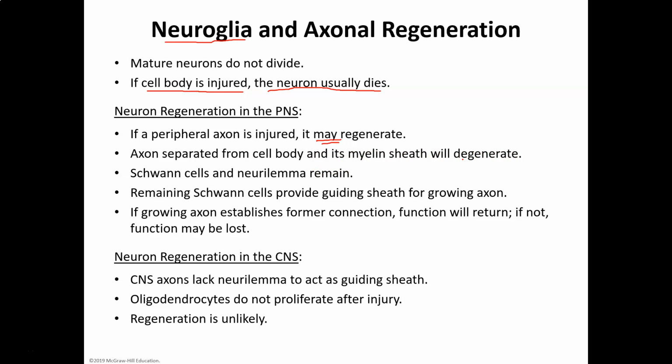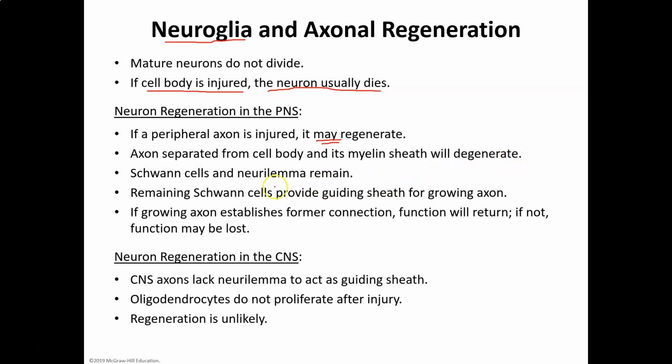If you crush an axon but don't separate it from the cell body, you've got a pretty good chance of that axon regenerating. If it's literally sliced through, there is much less of a chance. It's possible, but much less likely. So if the axon is separated from the cell body, the myelin sheath degenerates, and it's difficult for that axon to repair.